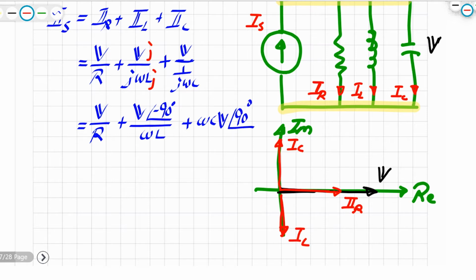So now let's look at low frequency. And you can see if omega is small, then the current here should be large, so IL is larger than IC.